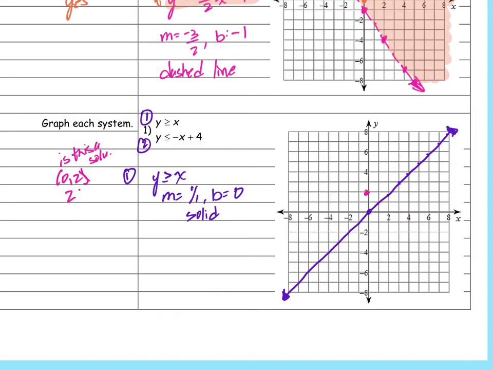So 2 is greater than or equal to 0. Is that true or false? Well, that is true. So I'm not going to shade it in yet because I know I have another line to graph. I should have used the same color so I can do my other graph in this color. Sorry.